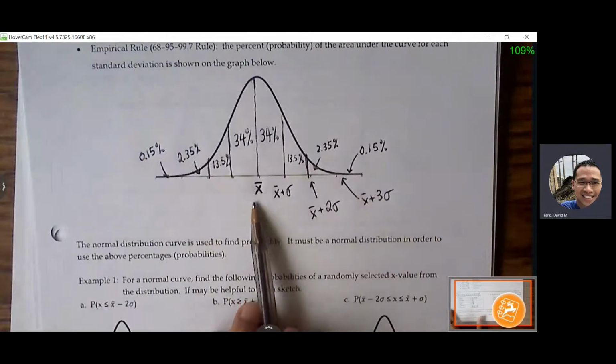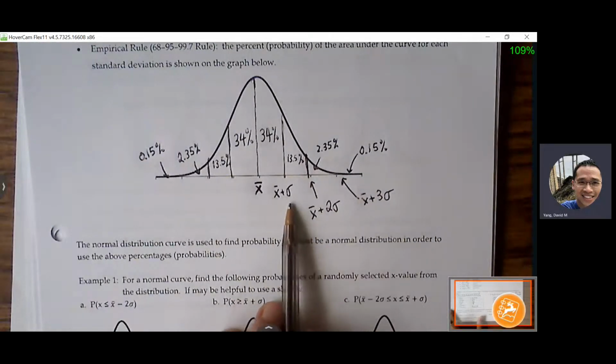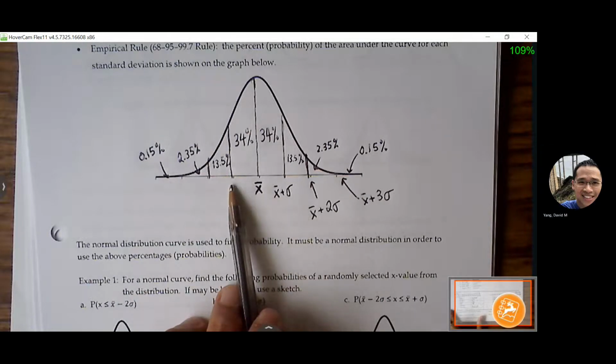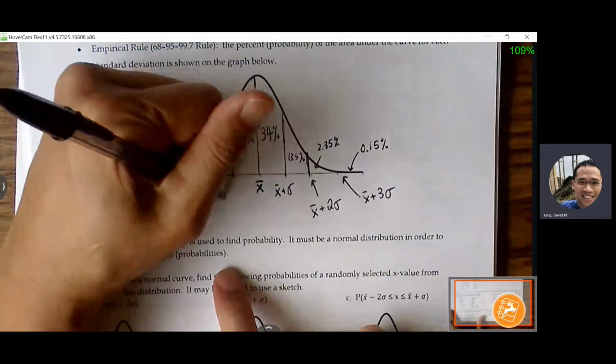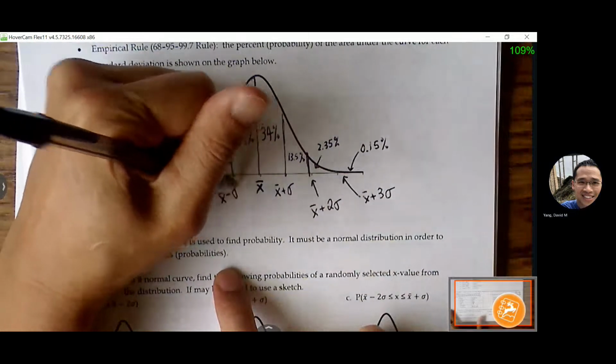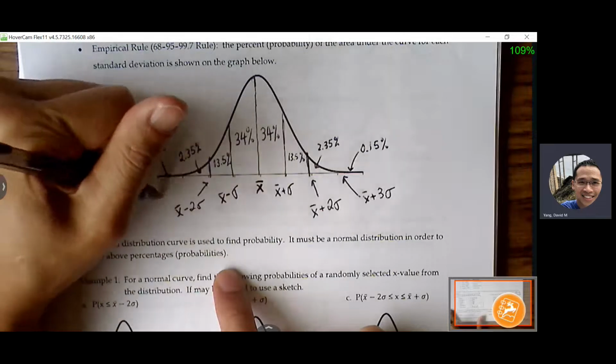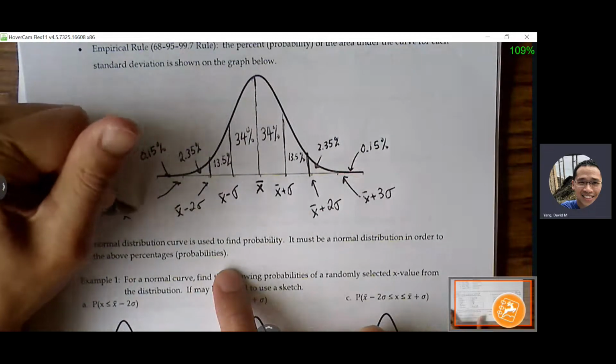Same thing here, but instead of adding standard deviation, I'm going to be doing what? x bar minus sigma, x bar minus 2 sigma, and finally x bar minus 3 sigma.